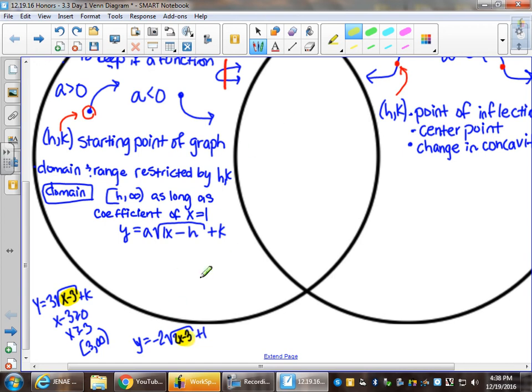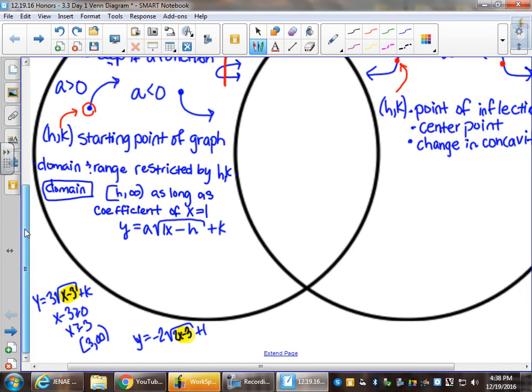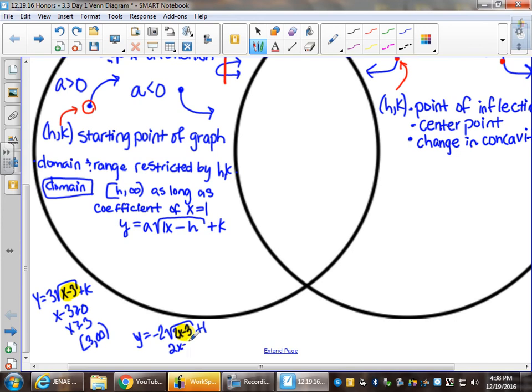But I can't just say 3 comma infinity, because when I go to solve 2x minus 3 greater than or equal to 0, I add 3 to both sides, divide by 2, I end up getting x is greater than or equal to 3 halves. So that's what we mean by you can say that the domain is h comma infinity as long as the coefficient of x is 1. When you have this situation. As soon as the coefficient is not 1, you have a little bit of solving to do.